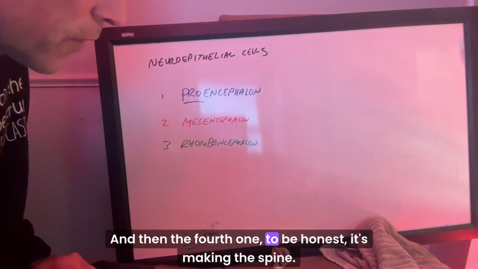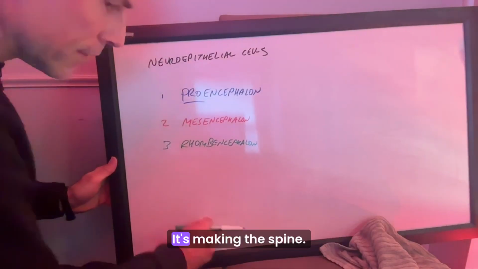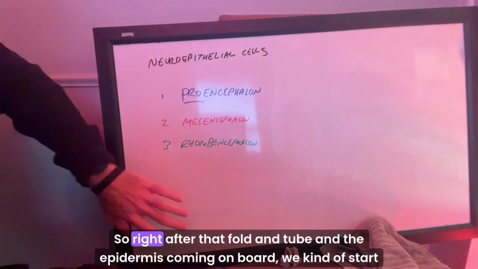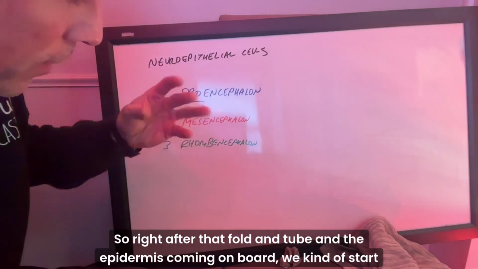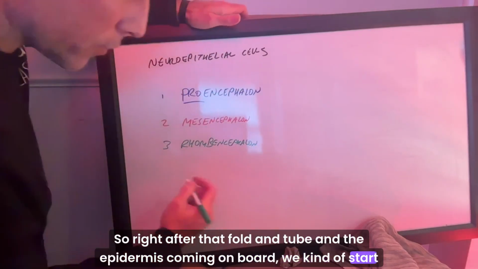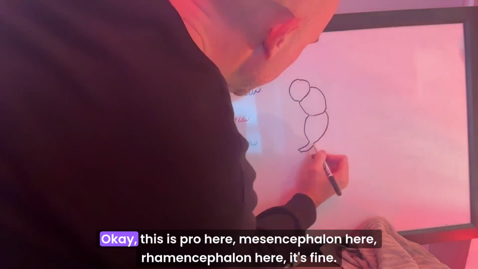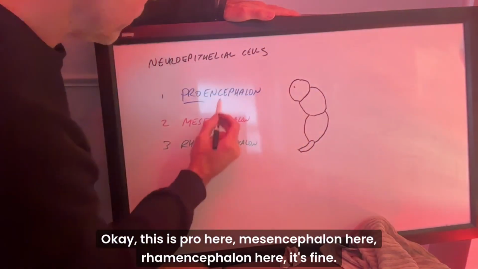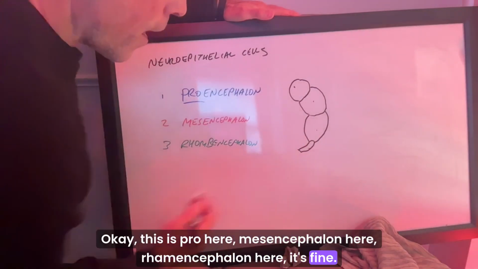And then the fourth one, to be honest, is making the spine. So right after that fold and tube and the epidermis coming on board, we kind of start looking like this. This is pro here, mesencephalon here, rhomencephalon here, spine.